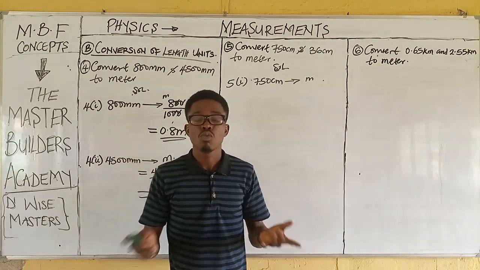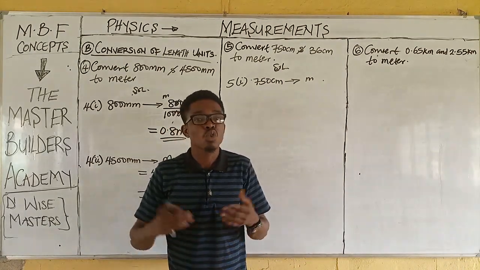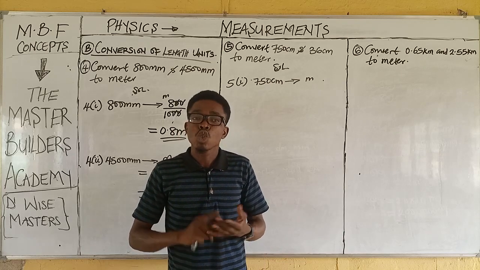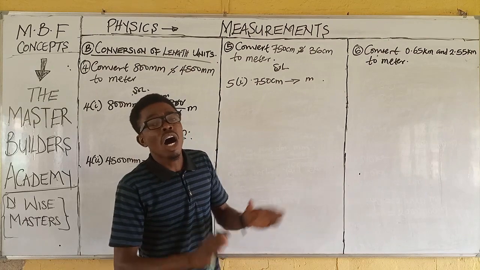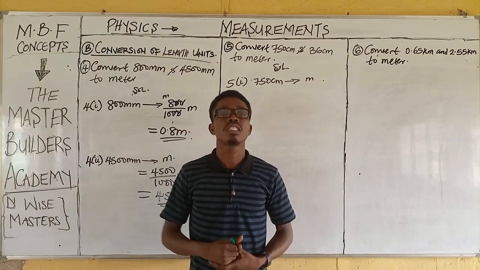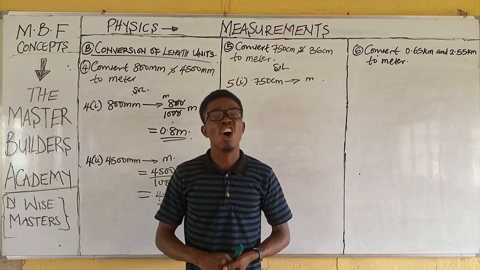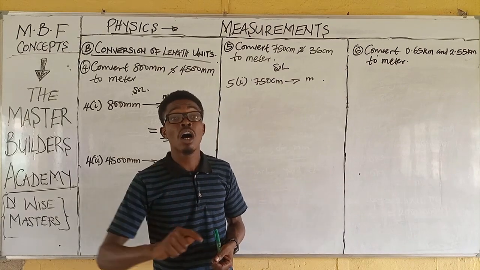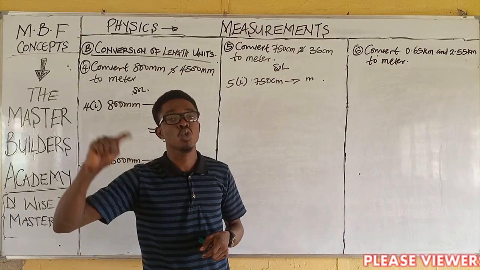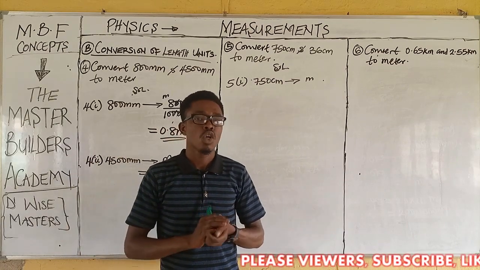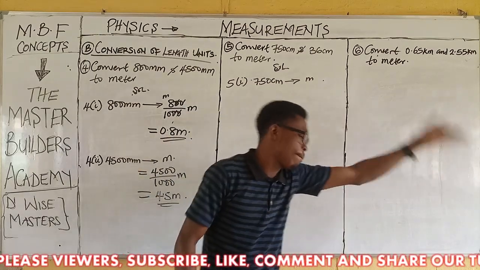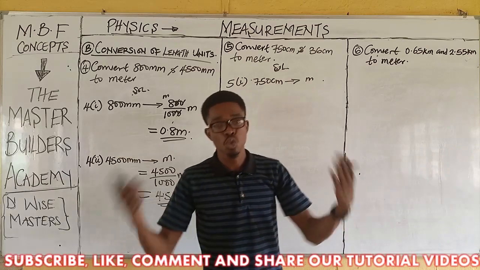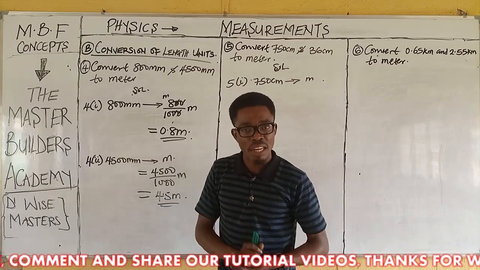Very simple. We said 1 meter is equal to 100 centimeter. To convert from centimeter to meter, all you simply do is to divide the given value by 100. To convert from cm to m, all you need to do is divide the given value by 100.